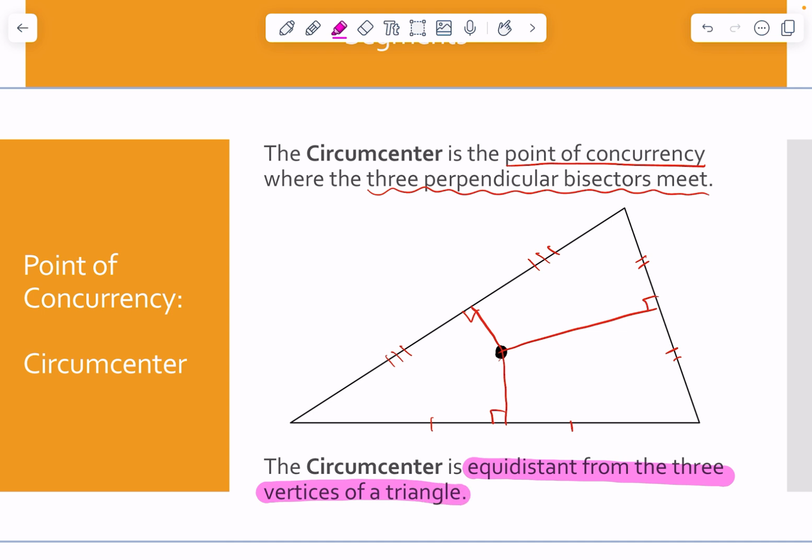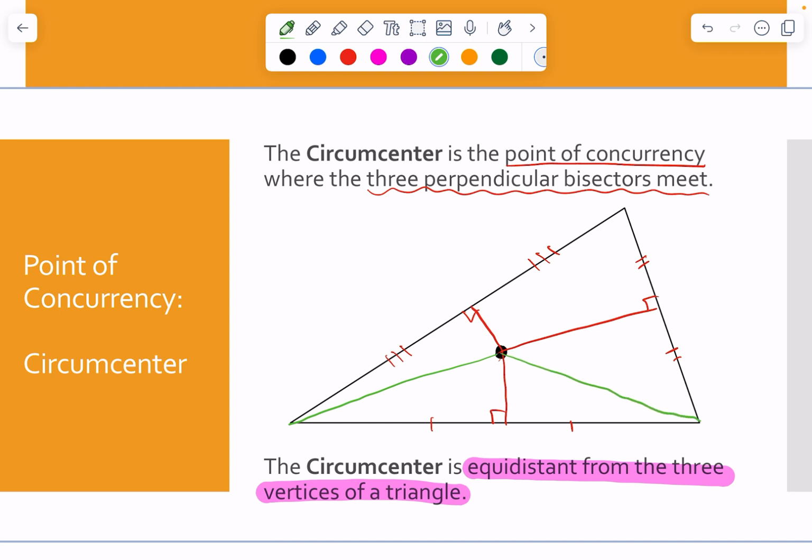So what that means is if I were to come back in here and connect the circumcenter to the vertex, and the circumcenter to the vertex, and the circumcenter to the vertex, then what I know is that all three of those pieces are equidistant. That's what I know by that, okay?